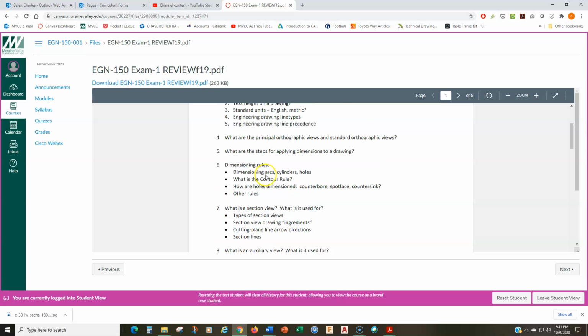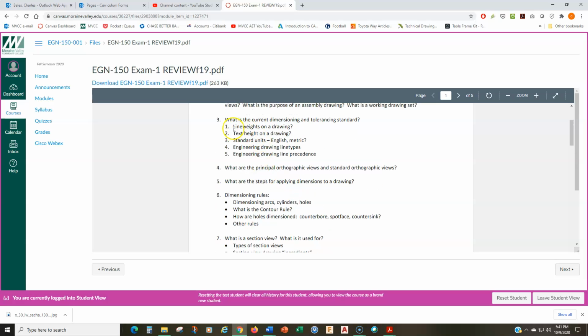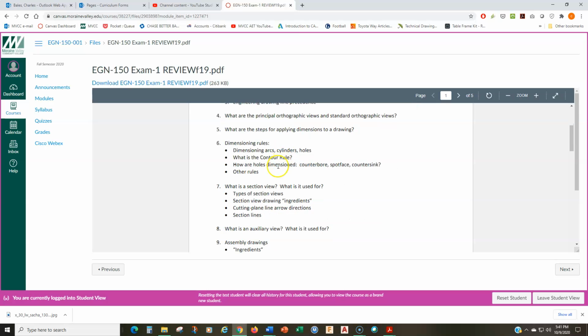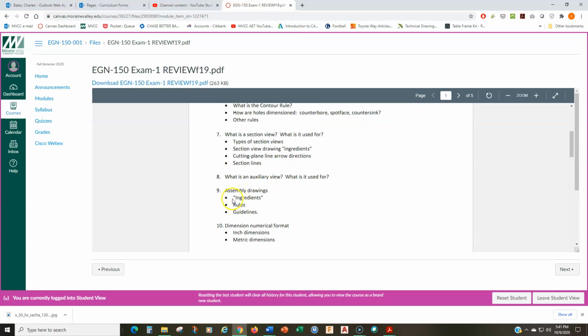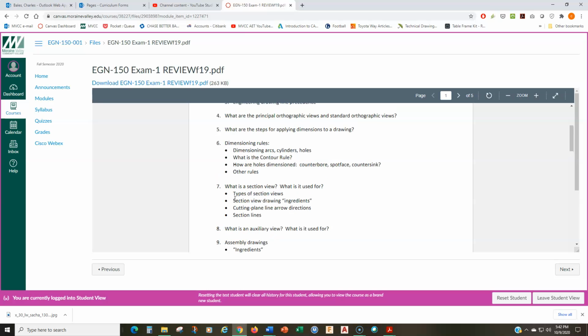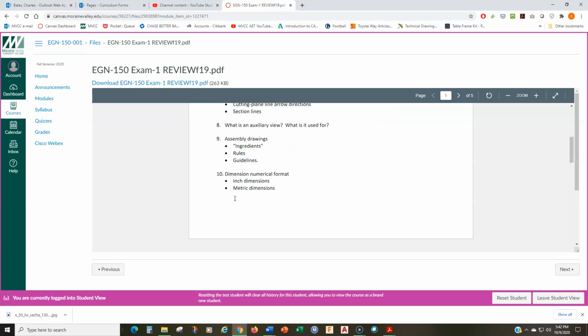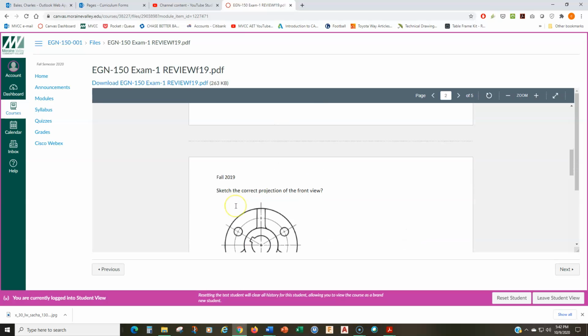Basically, it's a series of questions that you can investigate and answer for yourself. In so doing, you can help yourself study and understand the concepts, guidelines, and rules for engineering drawing and dimensioning that are going to be on the midterm exam.